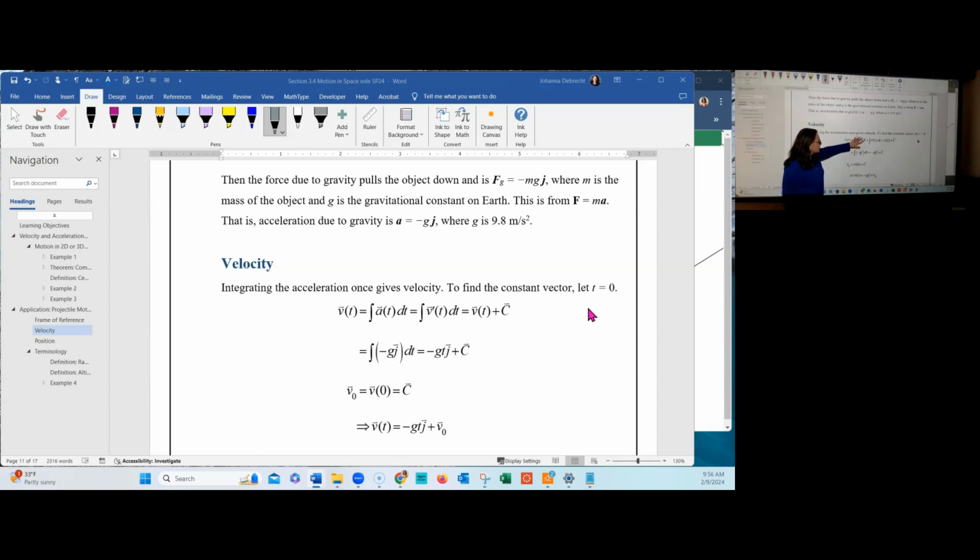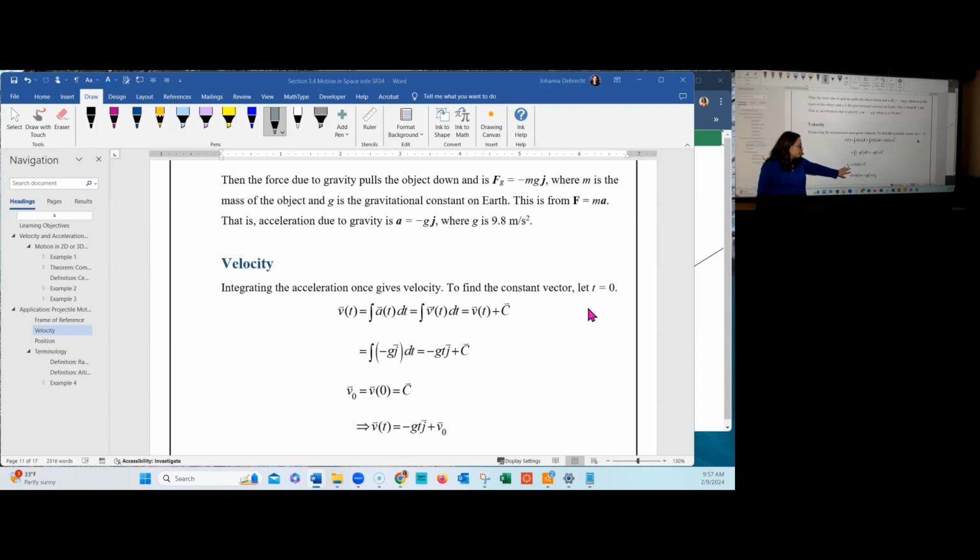If we integrate the acceleration, we should get the velocity vector up to a constant vector. So what we do is we simply integrate negative g j hat, which does not have the parameter t in it at all, since negative g is a constant, negative 9.8. And this gives us negative gt in the j hat direction plus some constant vector.